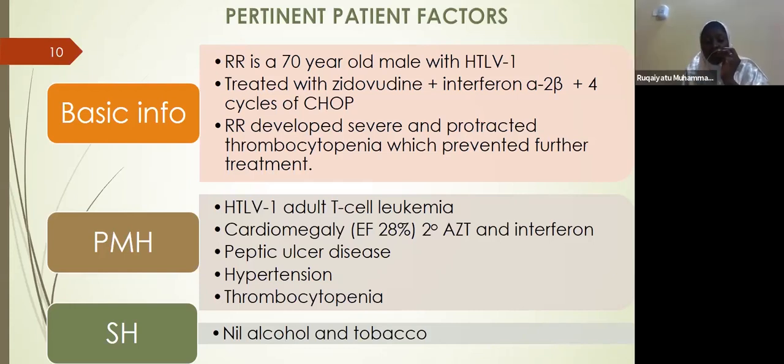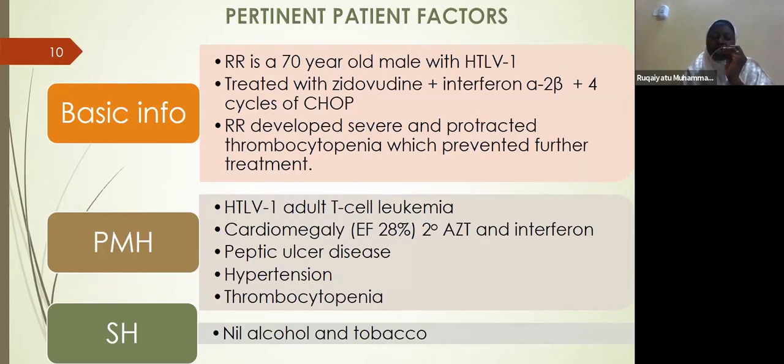So for this particular patient factors, this patient RR is a 70-year-old male with the human T-cell leukemia virus type 1, and he has been treated with zidovudine and interferon with 4 cycles of cyclophosphamide, doxorubicin, vincristine, and prednisolone. That's the CHOP regimen.